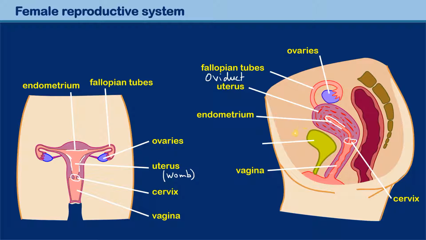Okay, and there is a last organ left over here. This is the bladder, which stores the urine. I did not include the kidneys and the ureter carrying the urine down. And over here, I did not include the bladder because otherwise it would be too difficult to see the other reproductive organs.